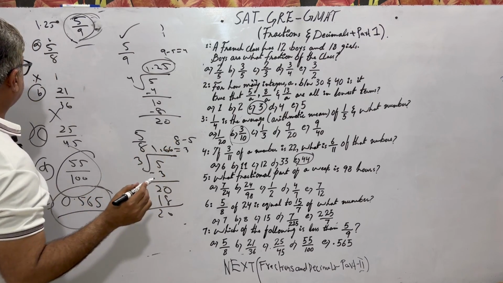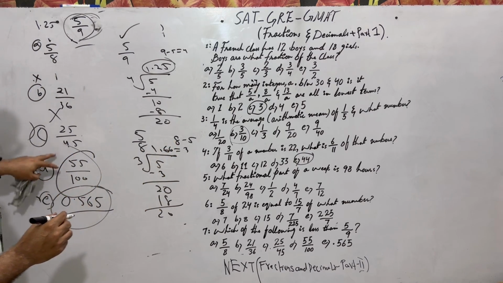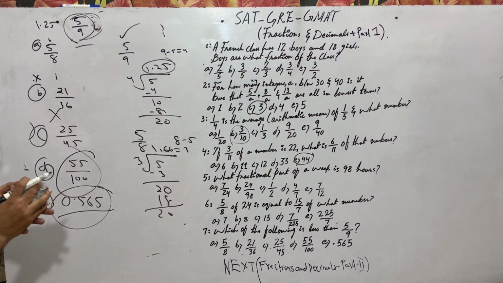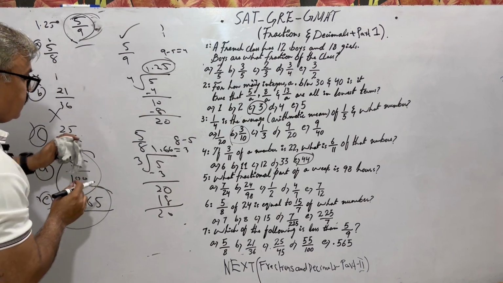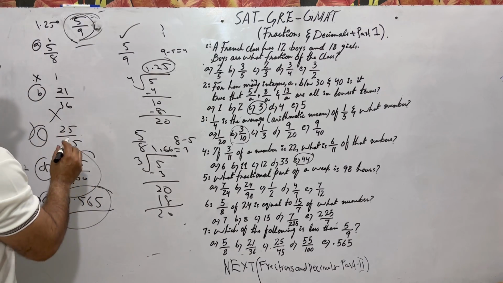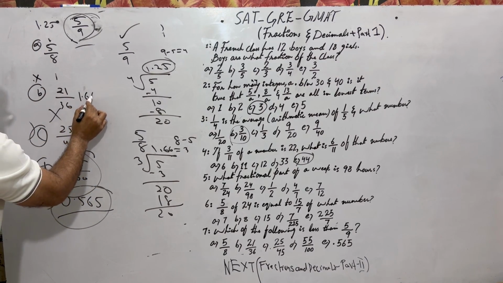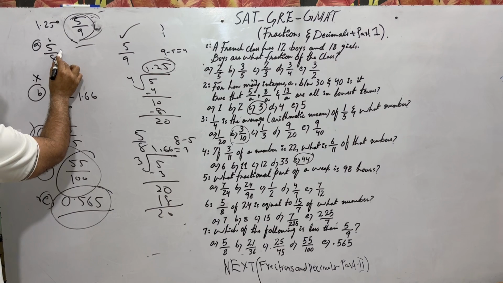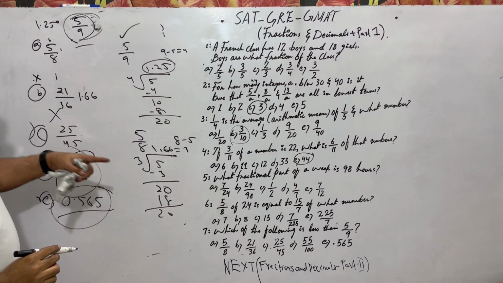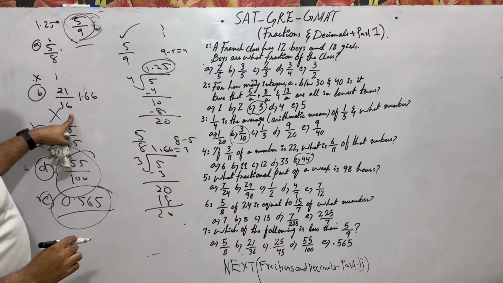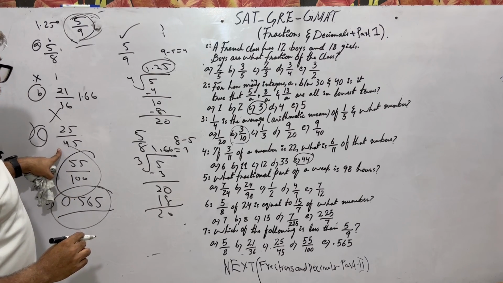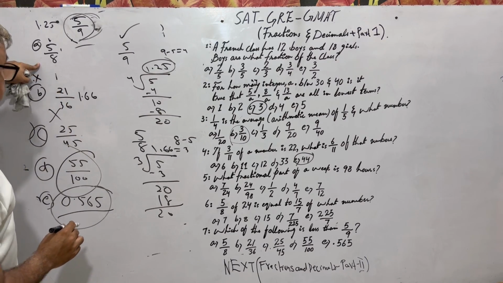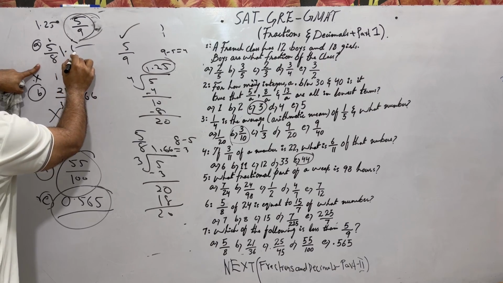It is 1.6666. Similarly, we have brought down this calculation to a decimal, that is 1.66. So 1.66 belongs to this 5 over 8, this is option A.